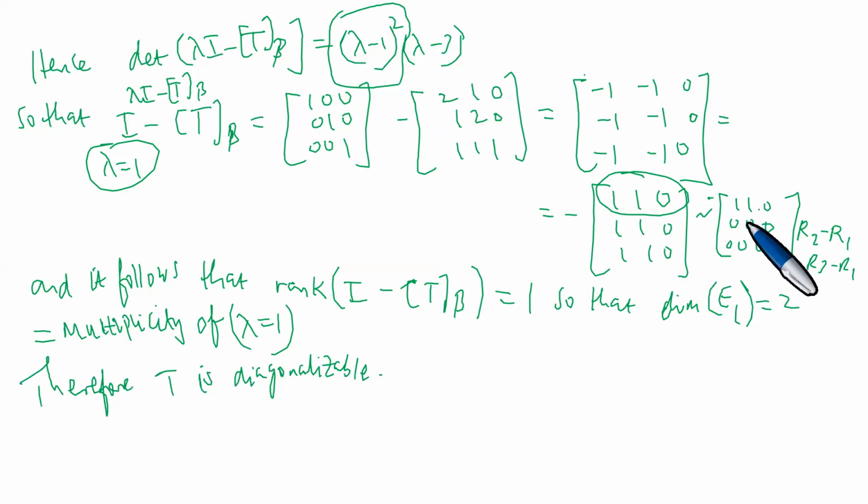We have two eigenvectors from the fact that the rank is 1, which means the dimension of the eigenspace is 2. Why? Because this is a 3 by 3 matrix, and 2 plus 1 is 3. So this is diagonalizable because of this.